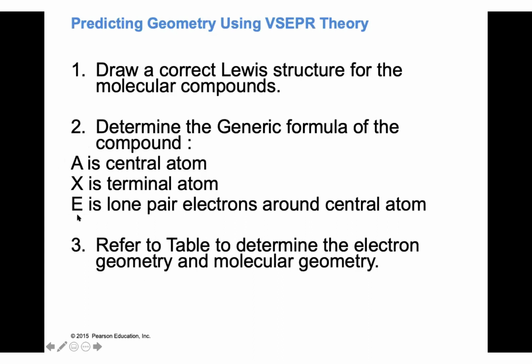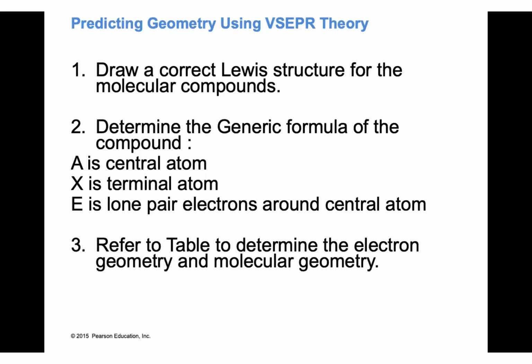So we basically give a letter to each of these. Whenever we see a central atom, we call it A. Whenever we see a terminal atom or the corner elements, we call them X. And whenever we see a lone pair around the central atom, we call it E.